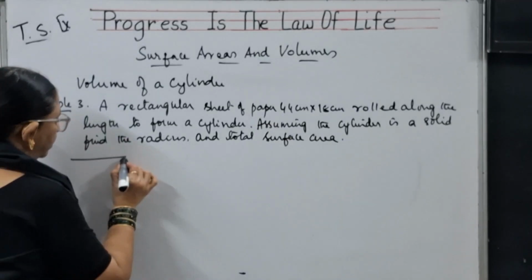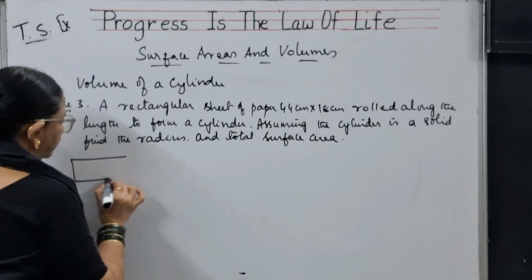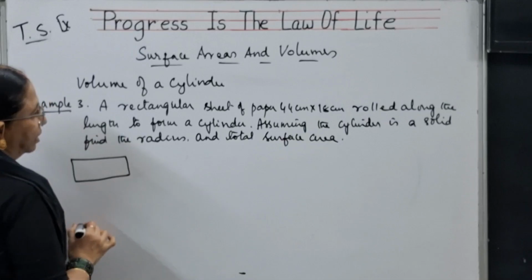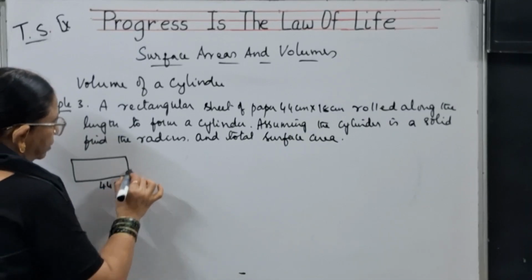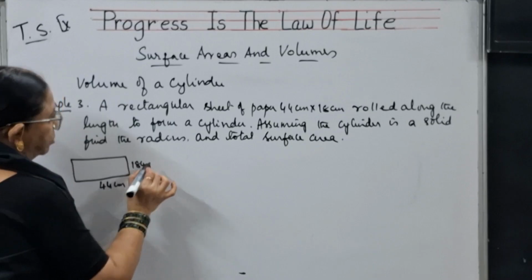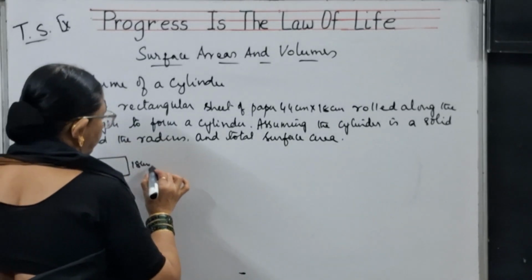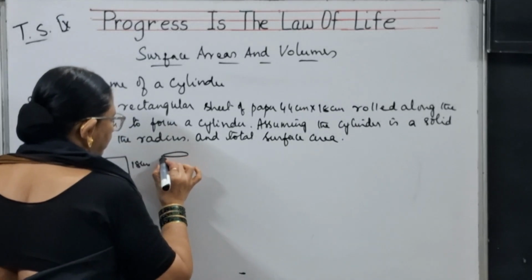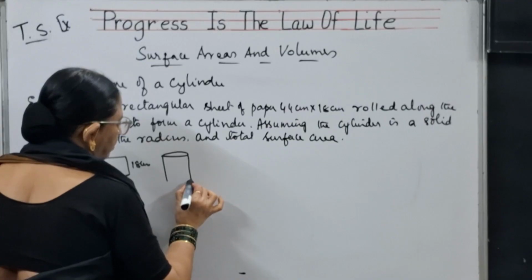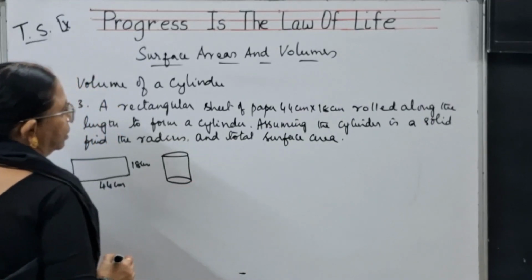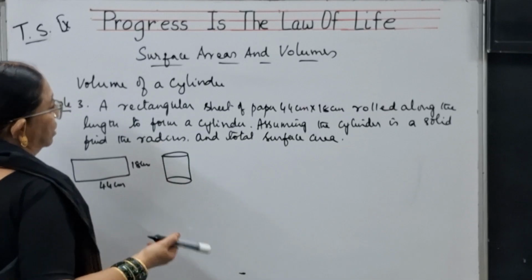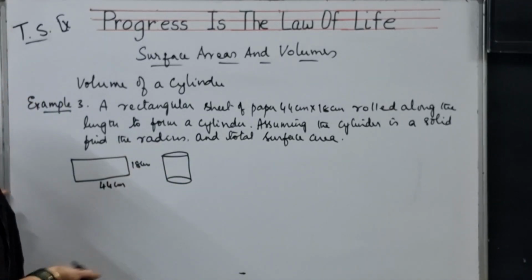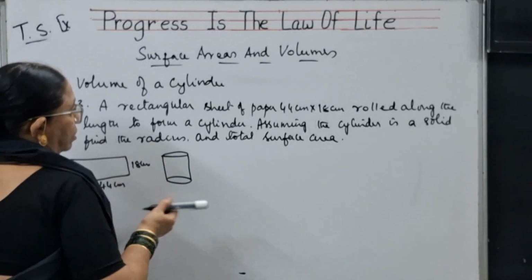It is actually a rectangular piece, and this rectangle has 44 centimeters length and 18 centimeters breadth. Now this is converted into a cylinder, and they have not given you the height, which we need to write.